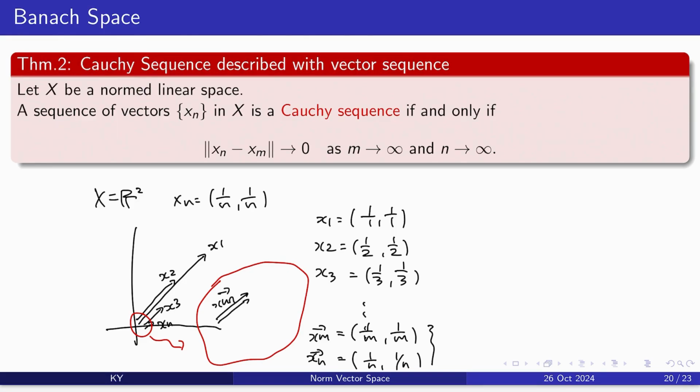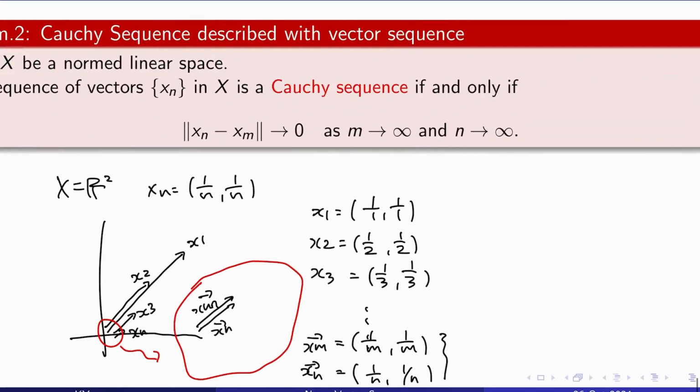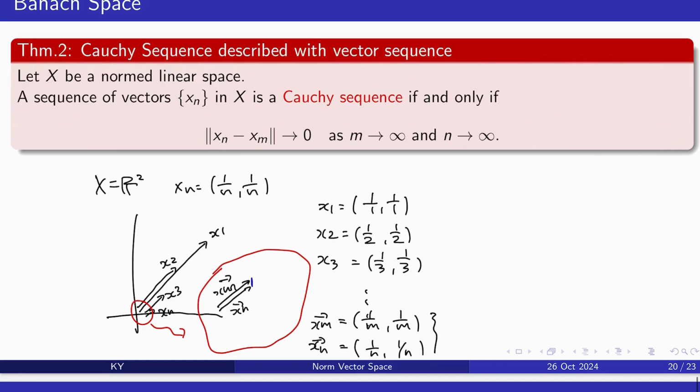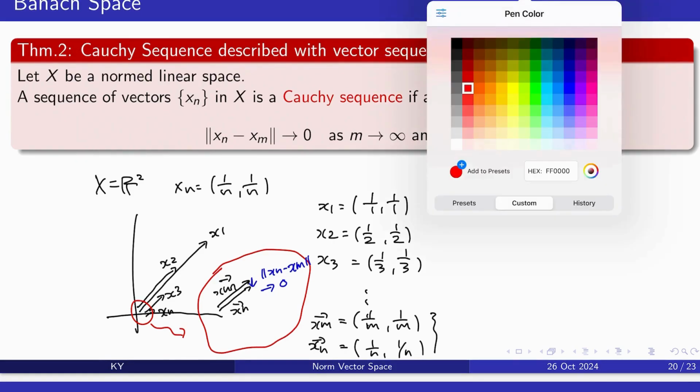As the sequence of vectors progresses, we're saying that these distances, this distance right here, are getting closer to 0, which means it approaches a value. So this is a way of describing a Cauchy sequence.